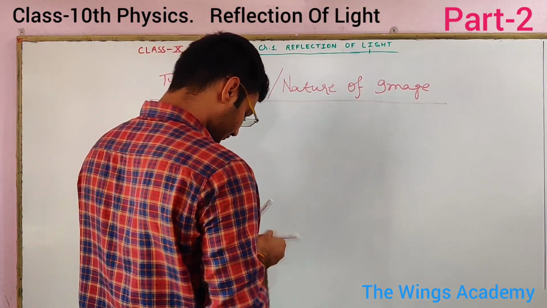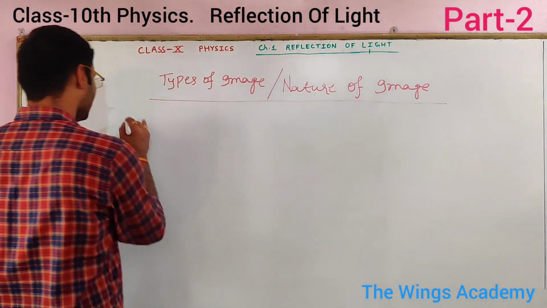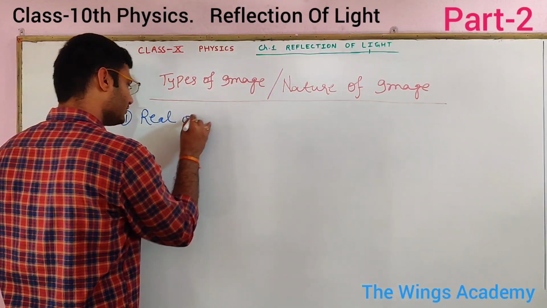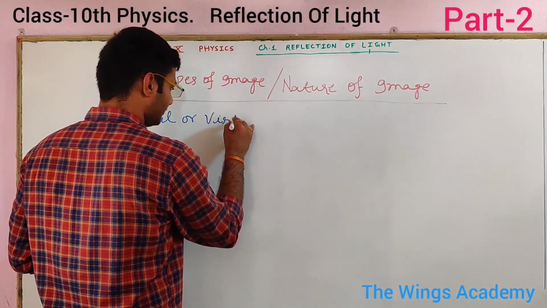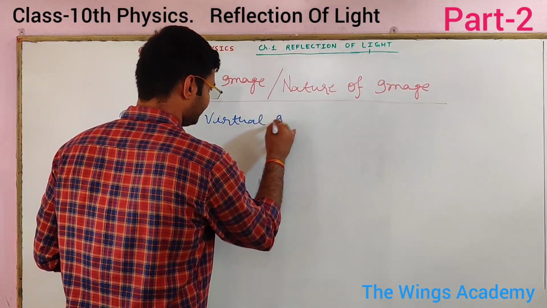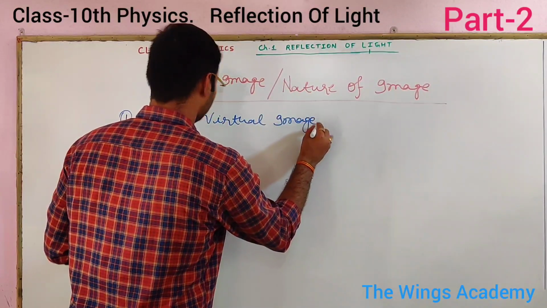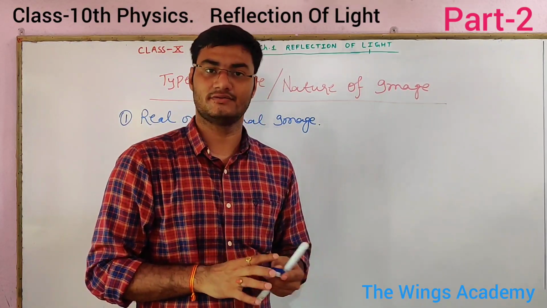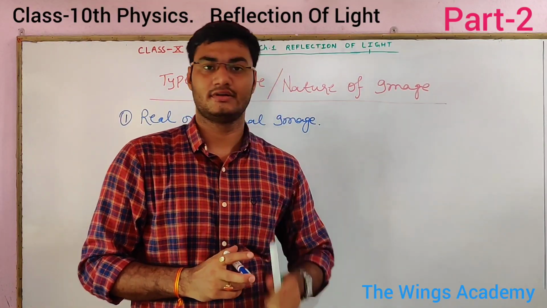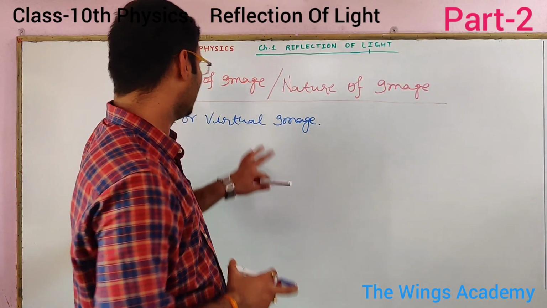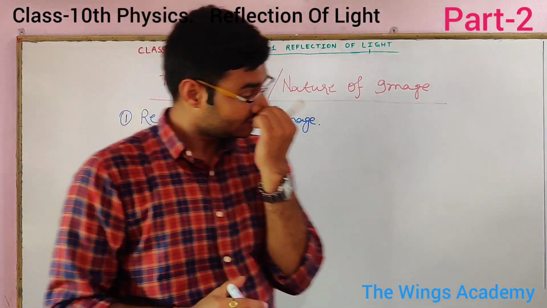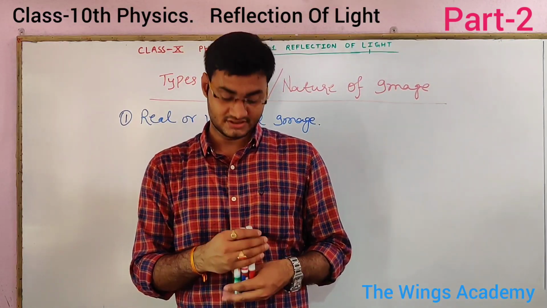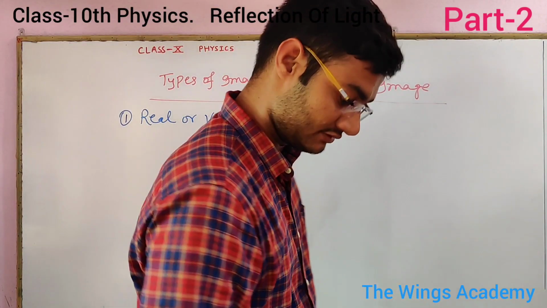In this, the first category is real or virtual image. Real image is formed by the actual intersection of light, and in virtual image, actual intersection of light doesn't occur.